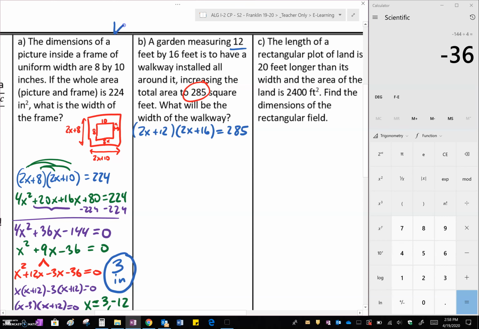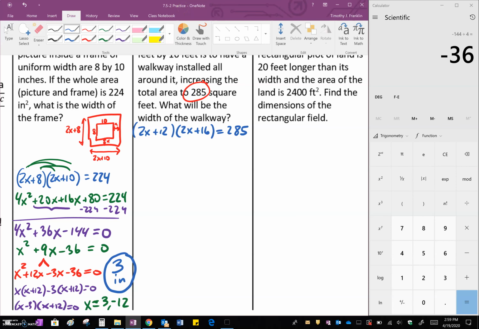So these two problems, A and B, are actually the same problem. It's just one is in terms of a picture frame, one is in terms of a garden. But in both cases, you have a rectangle surrounded by a bigger rectangle. And we're basically finding the width of the difference here. So let's multiply.